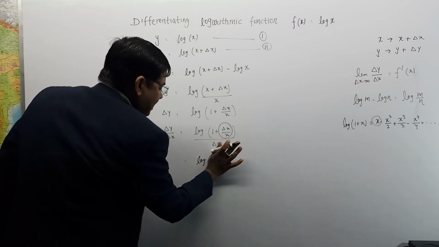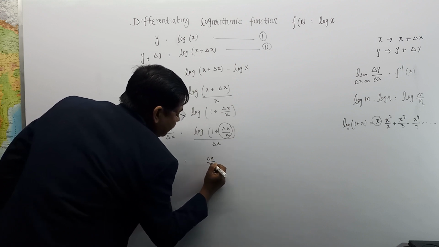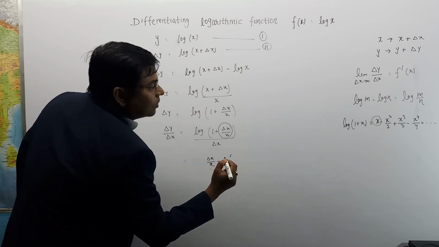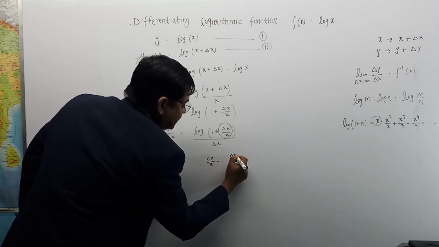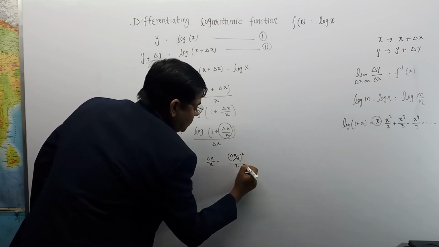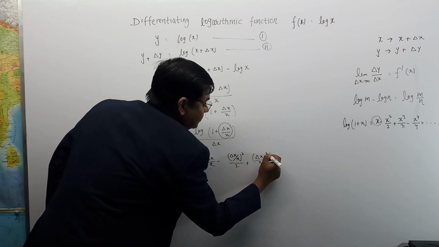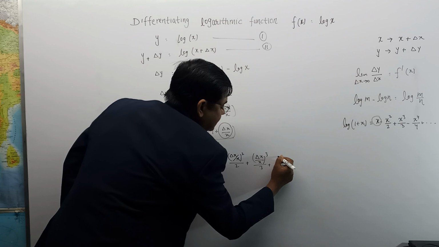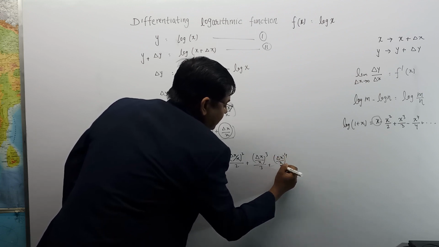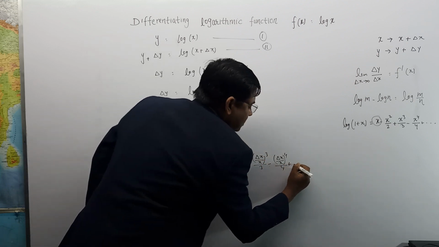So we can write this expansion as delta x over x minus (delta x over x) whole square divided by 2 plus (delta x over x) whole cube divided by 3 minus (delta x over x) whole 4 divided by 4, plus so on.